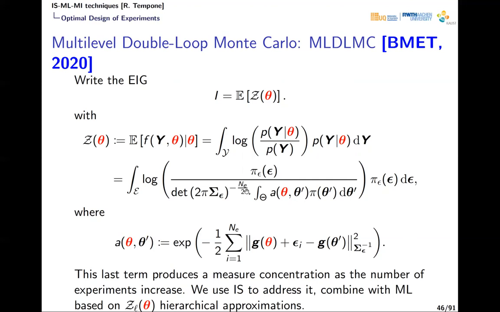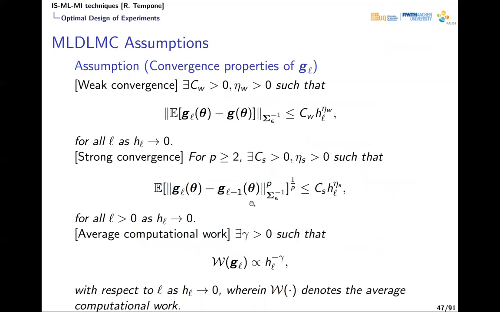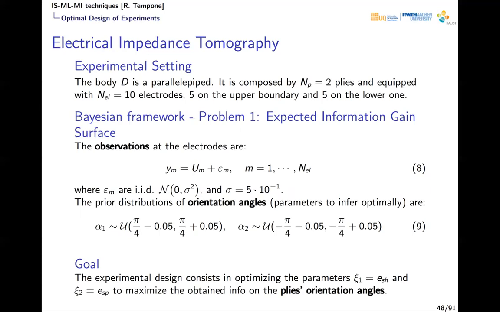These nested expectations may contain terms that have measure concentration. This measure concentration is addressed by importance sampling, together with the usual multilevel that will arise in the discretization of all these quantities. Of course, to get the proper results, you need to make assumptions on the accuracy that you have in approximation of these quantities and the work that is needed to produce them. That's fine. And then you produce different results.